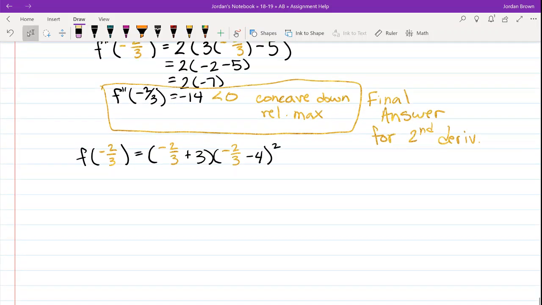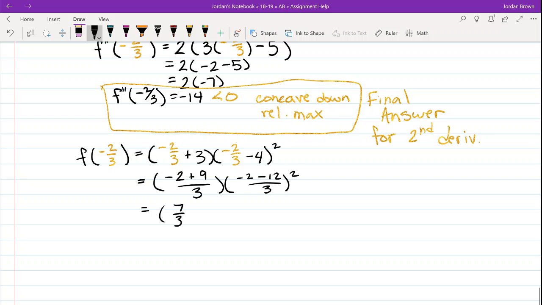And we'll have to solve this out to get the point. So we would have -2 plus 9 over 3 and -2 minus 12 over 3 squared. So 7 over 3, -14 over 3 squared.